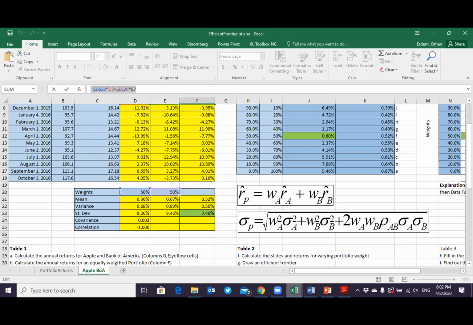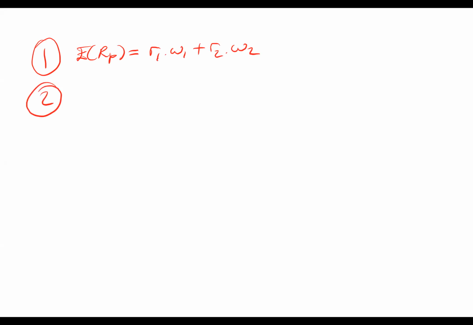So first, portfolio's expected return is equal to first return times first weight, plus second return times second weight. Second takeaway is portfolio's standard deviation is equal to a very ugly formula. It's already there, I'm not going to write it.